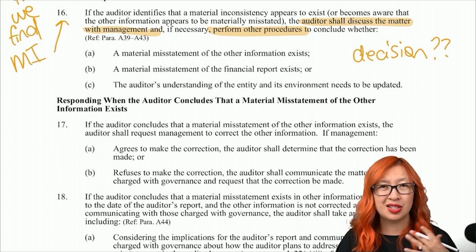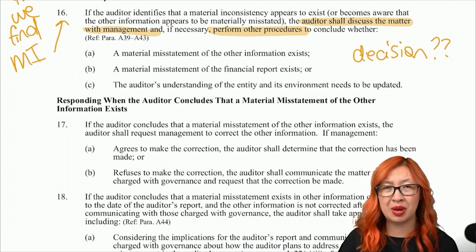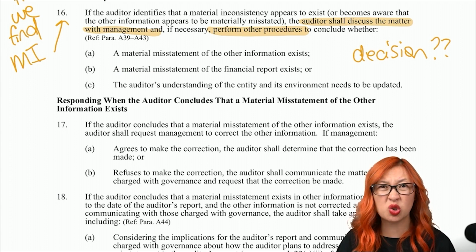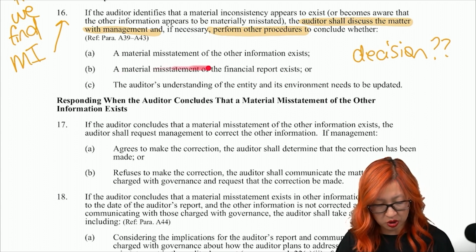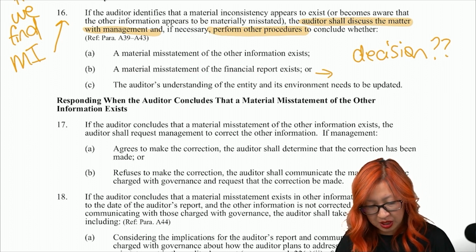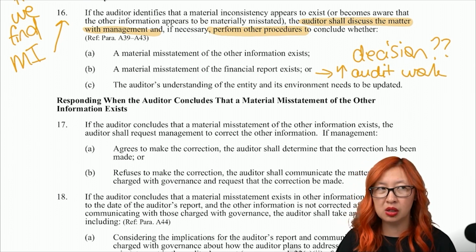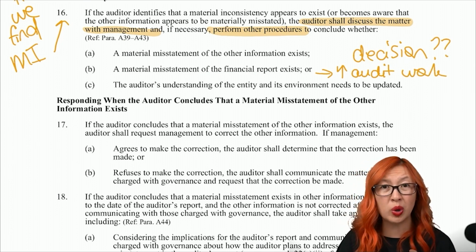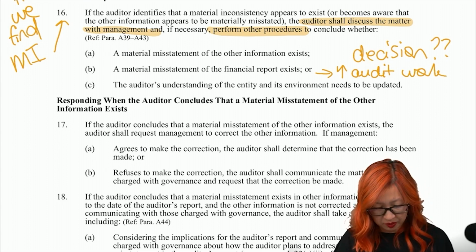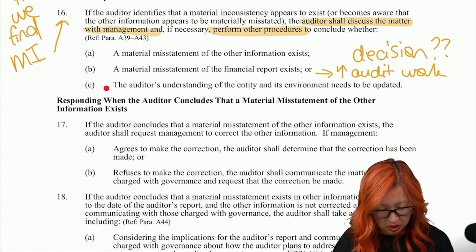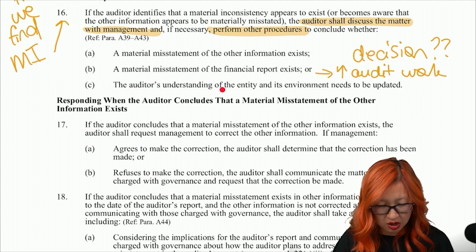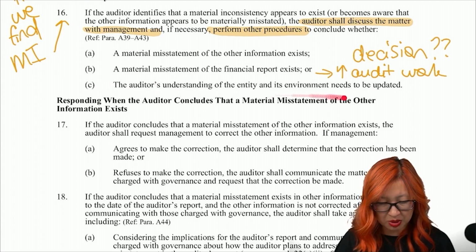So this is saying, actually, the other information is correct, the financial statements are wrong, and we've maybe missed something. So with this option, we would need to do more audit work to investigate and say, oh, if the other information is correct, we could be wrong. We might not have found an error. Or potentially, the auditor's understanding of the entity and its environment needs to be updated.